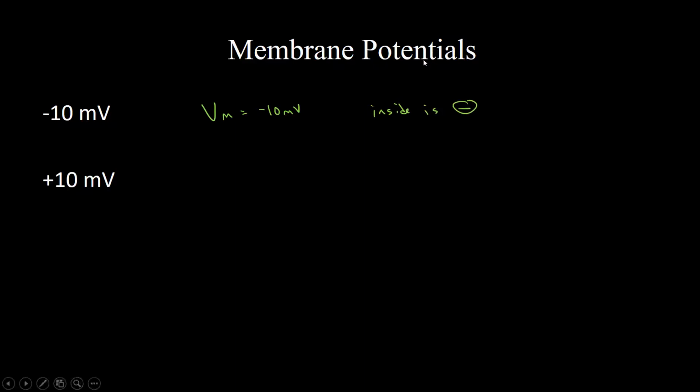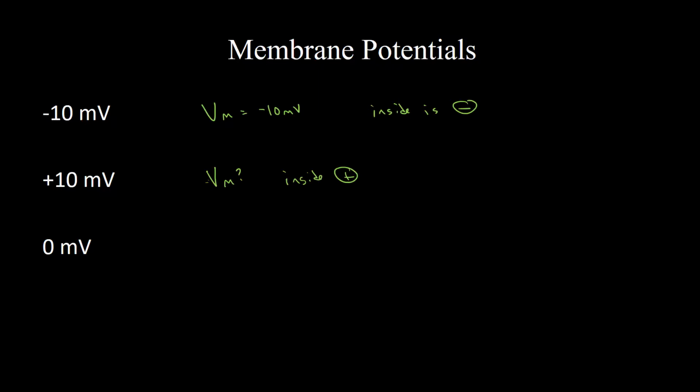What if I told you then Vm is plus 10 millivolts? Well, in this case, it's the same separation of charge, but the inside would be slightly positive, so there'd be an excess of positive charges inside the cell. What if the membrane potential was 0 millivolts? What does that mean? The number, again, tells you how much charge is separated. 0.